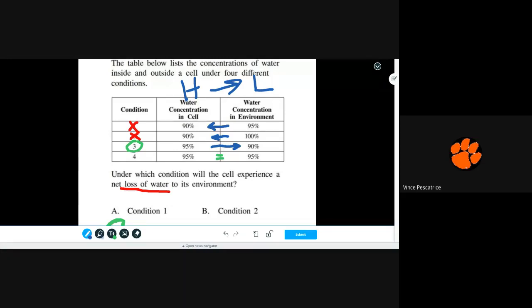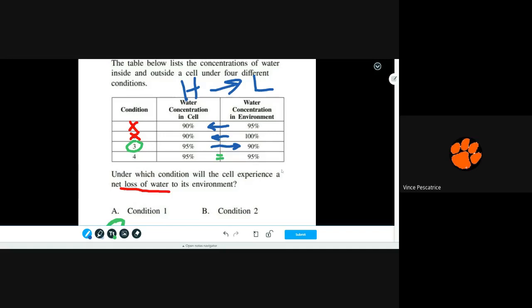If you look at the first two, the water in the environment is greater than the water in the cell. So that means it'll move from high to low into the cell. In situation 3, there's more water in the cell than outside of the cell, so the cell will lose water. And in situation 4, they're equal.